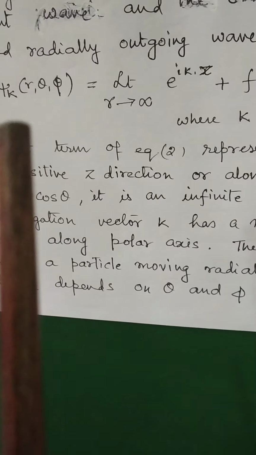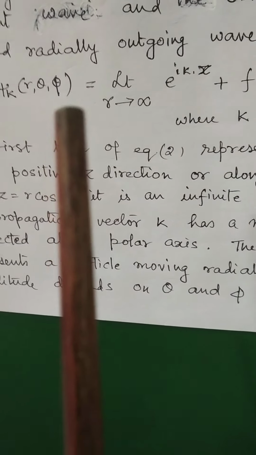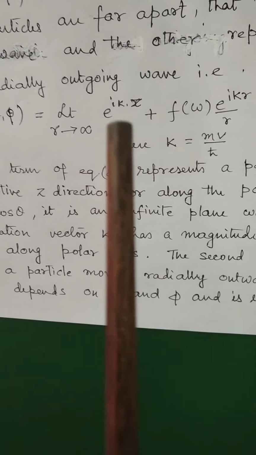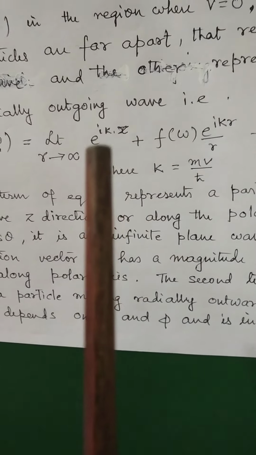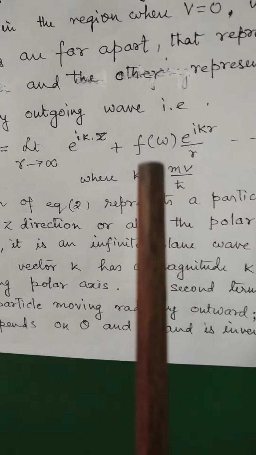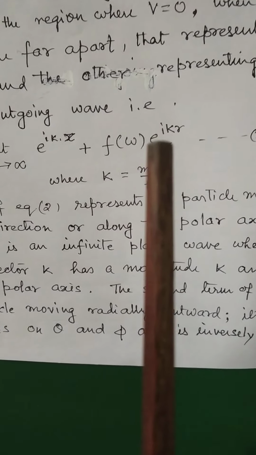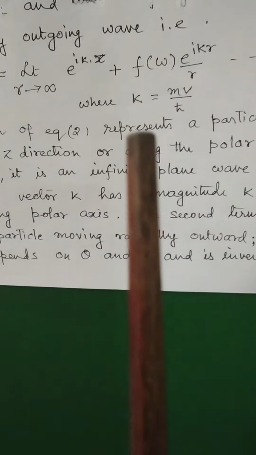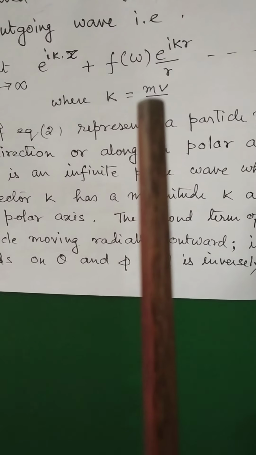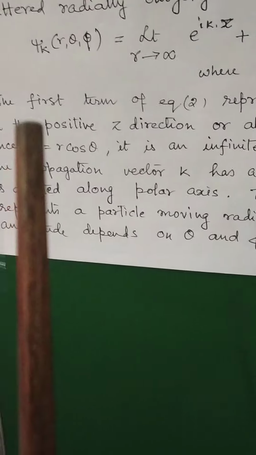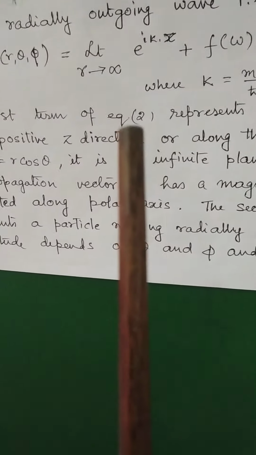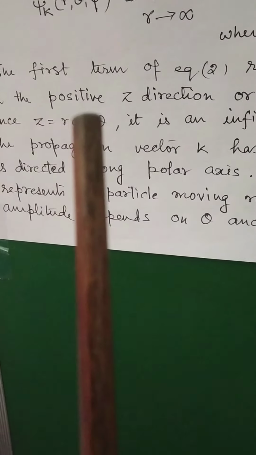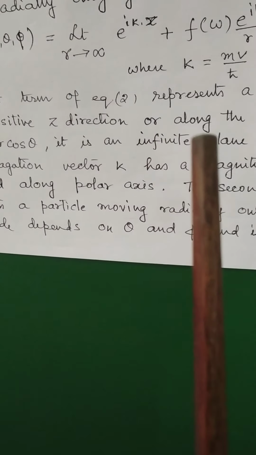That is, psi k, which is a function of r, theta and phi, is equal to the limit of r tending to infinity of e raised to the power of iota k z plus f of omega e raised to the power of iota k r by r. This is equation number 2, where k is the wave vector and it is given by m v upon h cross.